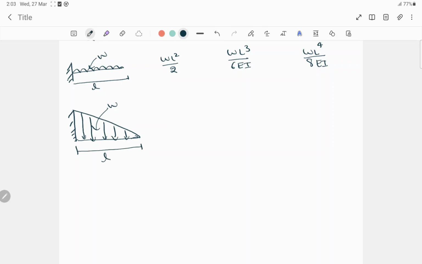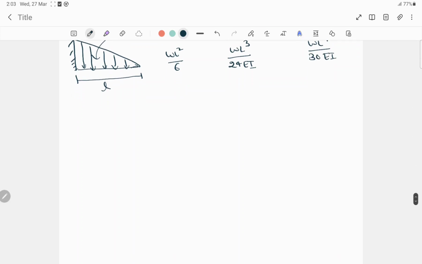Now here in this type of beam, the bending moment will be WL square by 6, and the slope will be WL cube by 24 EI, and the deflection will be WL to the power 4 by 30 EI.